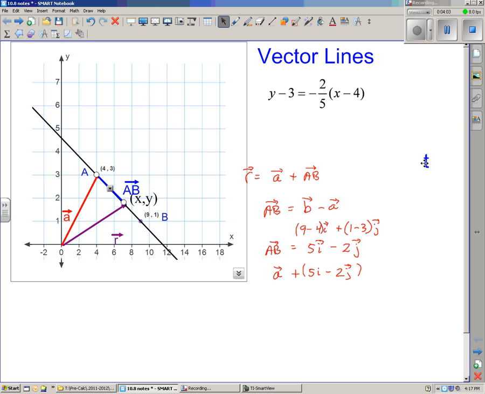But that is some scalar value times that vector AB, because AB is giving me the direction.